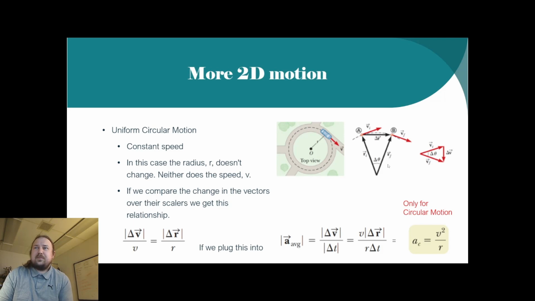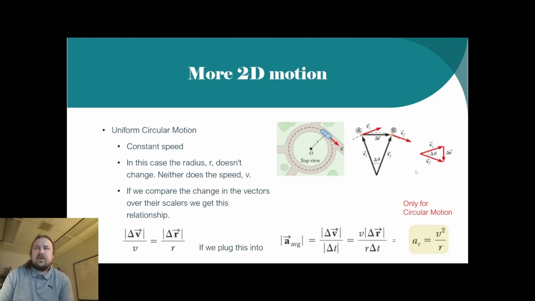You'll also see that the speed never changes. Your initial velocity and your final velocity are always the same. They're at different angles than your position, but they're equal in magnitude, just different in direction.